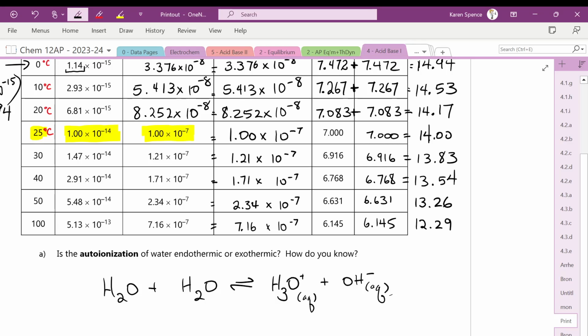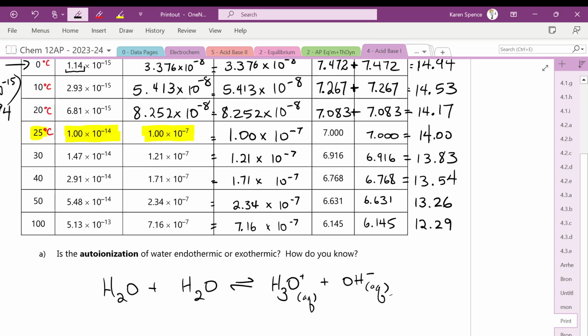I want to know what is happening to the concentration as it gets higher and higher. Is it getting bigger or smaller? Bigger. Okay. So the H plus concentration is increasing every time you increase the temperature.